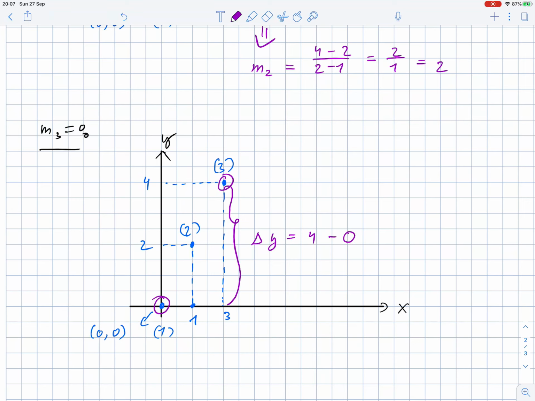Delta x is equal to 2, sorry, it's not 3, it's 2.